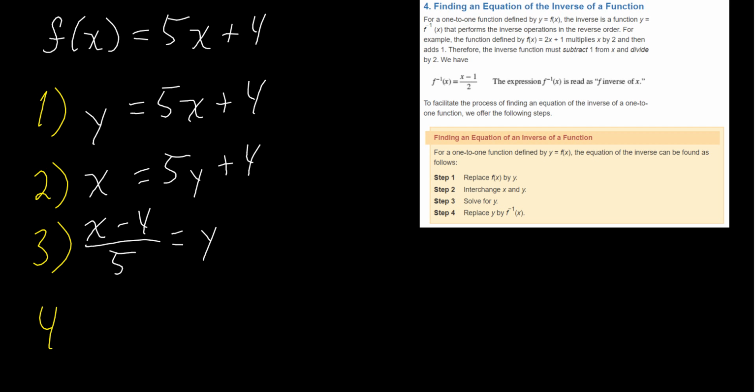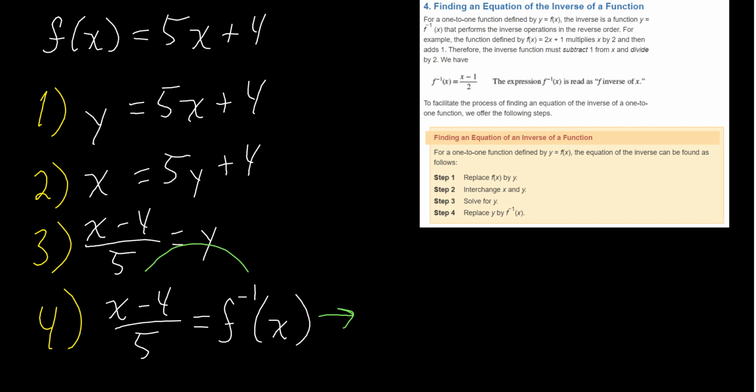So we'll have x minus 4 over 5 is equal to, I'm sorry, not y, it's equal to f inverse of x. I can essentially just swap sides there. There's nothing wrong with it. It's the same thing as saying f inverse of x is equal to x minus 4 over 5.